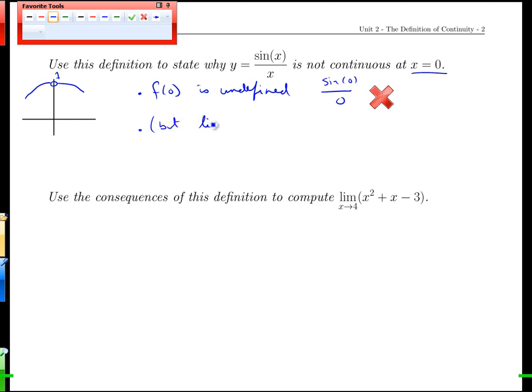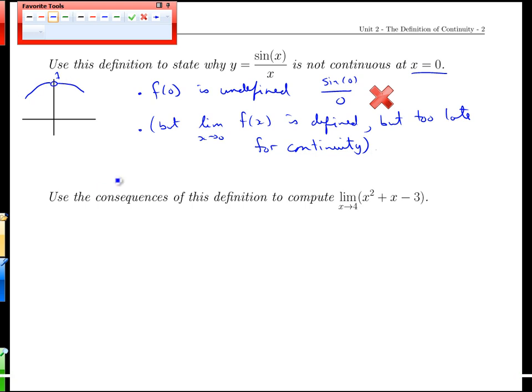But the limit as x goes to 0 of f of x is defined, but too late. Too late for continuity. If our question is about the continuity of this function, then by not having the function defined there, we already have a hole. There's no way the function can be continuous.